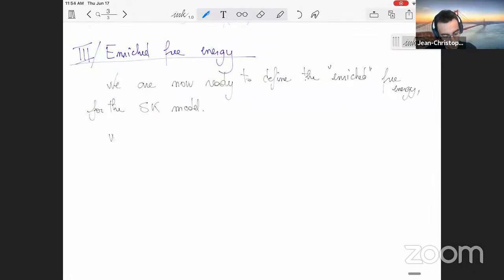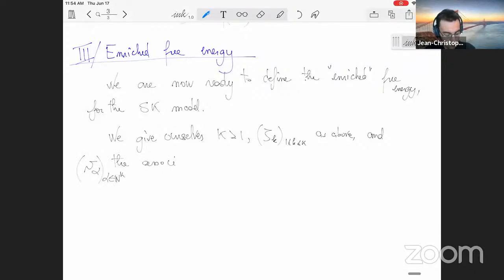So again, we give ourselves K, and then the zeta as above. And V alpha, the associated Poisson-Dirichlet cascade, so this is indexed by the leaves of this tree.